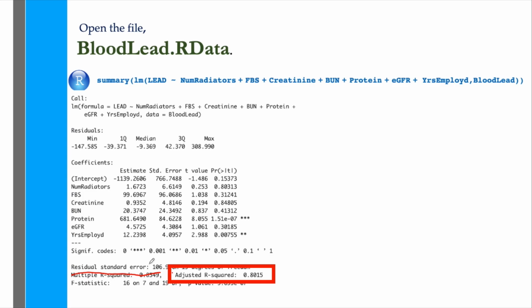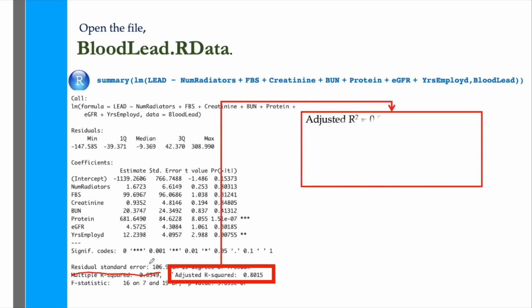Again, it's not wise to interpret multiple r squared because multiple r squared is a function of the number of predictors. The more predictors you have, the higher the multiple r squared, which is not good because the true r squared may be overestimated. So what we do is, we interpret the adjusted r squared.